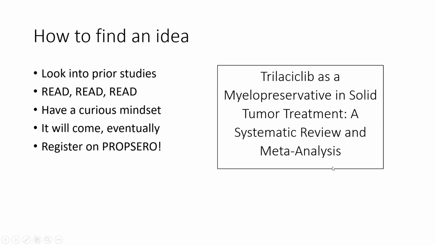So we're going to have this example of a research I'm currently working on in order to understand how to conduct a systematic review. This research goes as trilaciclib as a myelopreservative in solid tumor treatment. Trilaciclib is a CDK4/6 inhibitor, and it's used as a myelopreservative. So what do we mean by myelopreservative?